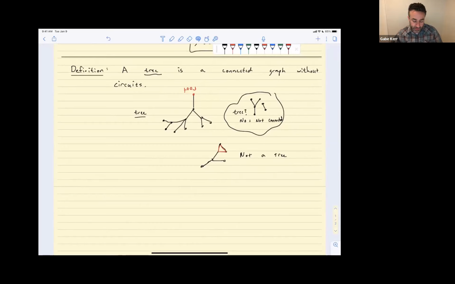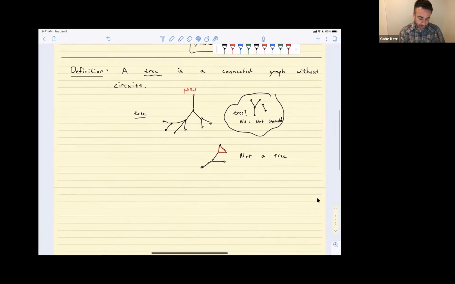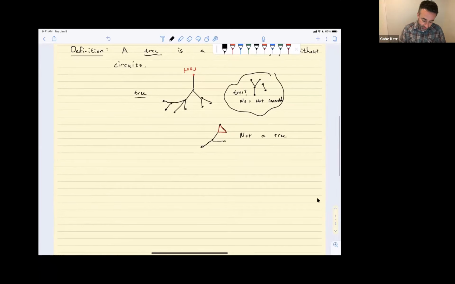And so computer science and logistics and finance and all that stuff have a lot of trees. And physics. Anyway. So let's talk a little bit about them. There's some basic properties we want to have available.